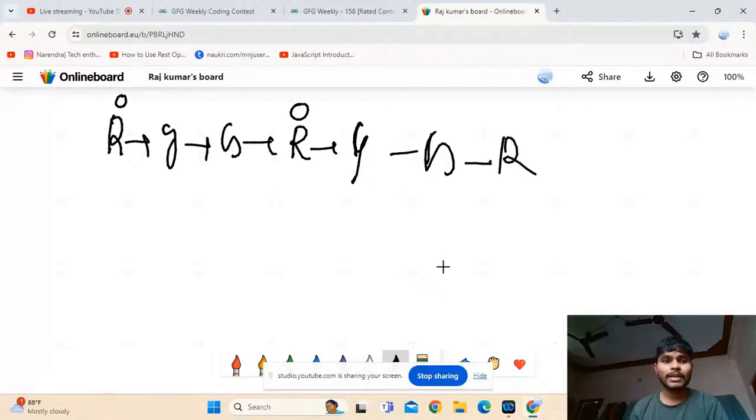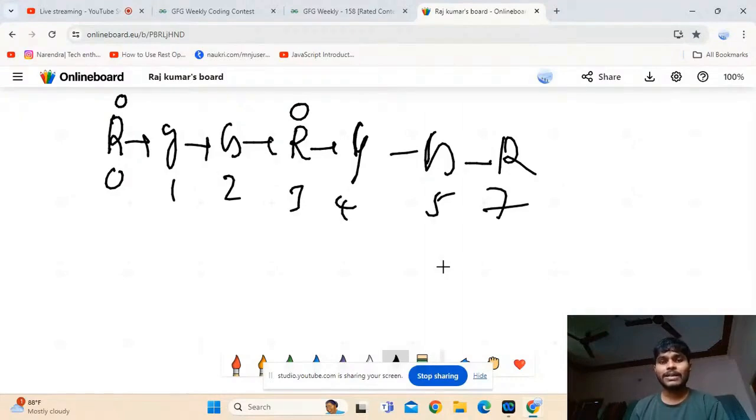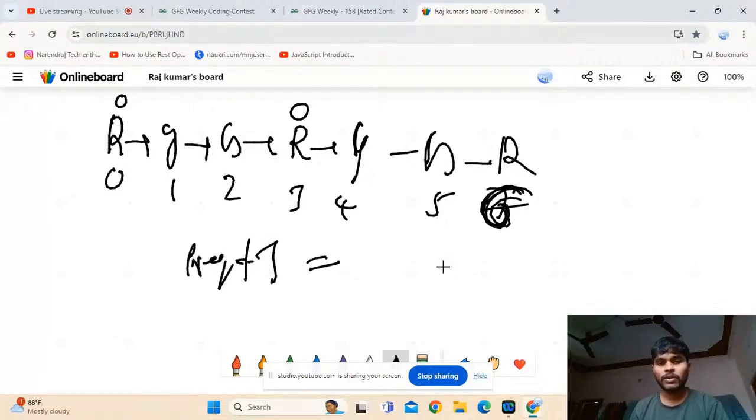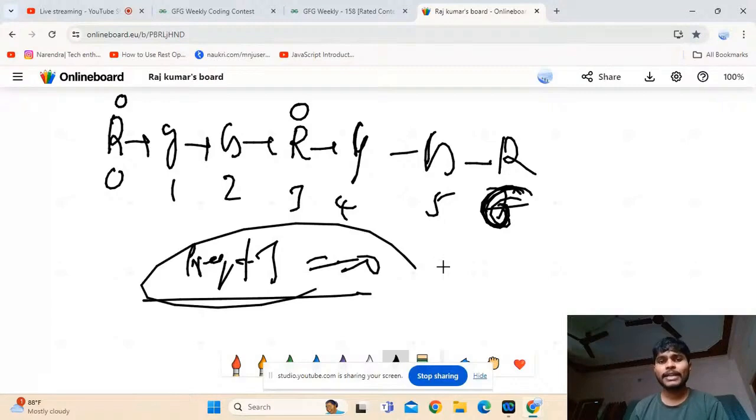You observe here, this is 0th frequency, 1 frequency, 2 frequency, 3 frequency, 4 frequency, 5, after 5 it is 6 frequency. If frequency modulo 3 is equal to 0, it is r. If the remainder is 1, then it is y. If the remainder is 2, it is g.